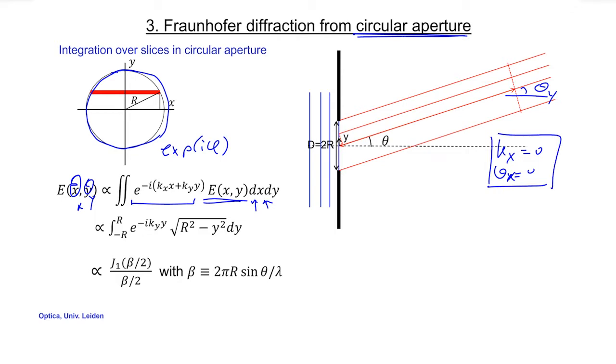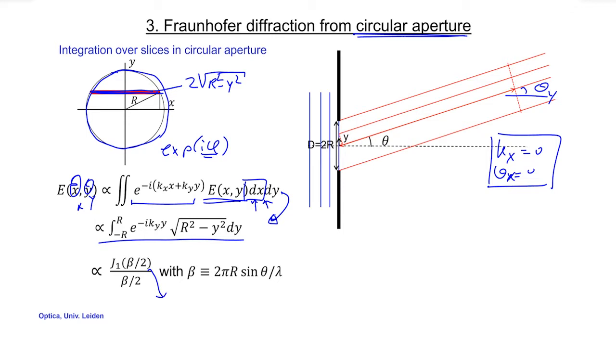Now, if we consider kx is 0, only slices in the y direction, then the integral over x is relatively simple, because each x component has the same phase vector, and we only have to take this length into account, a length that we easily get by Pythagoras. Hence, this two-dimensional integration can be written as a one-dimensional integration, which still looks like a nasty beast, but it's an integral that occurs more often in physics, and hence people have defined a special function.